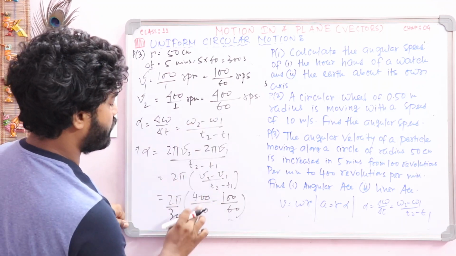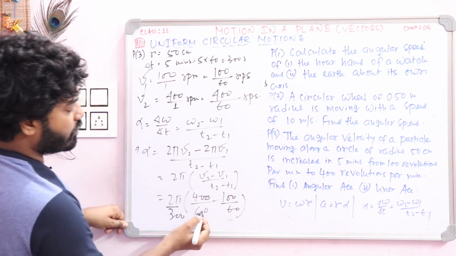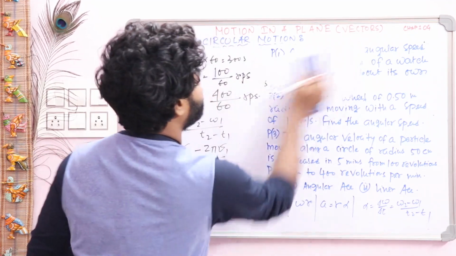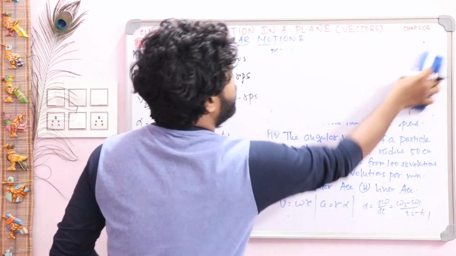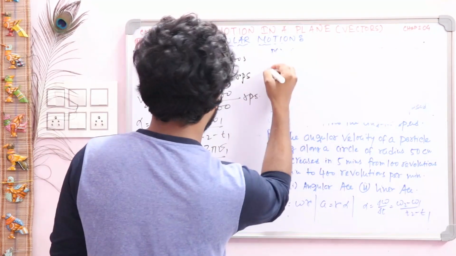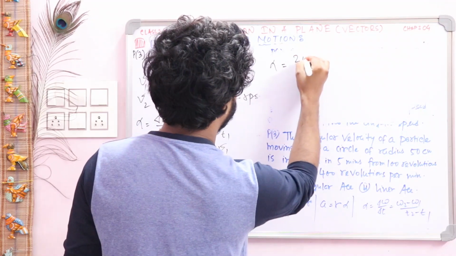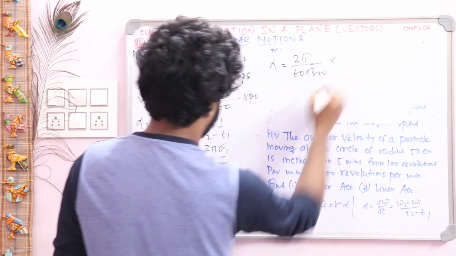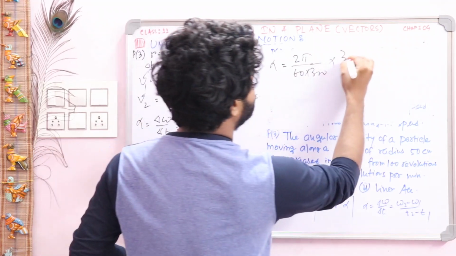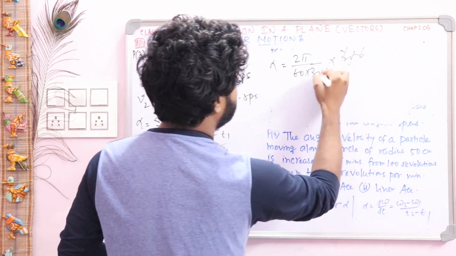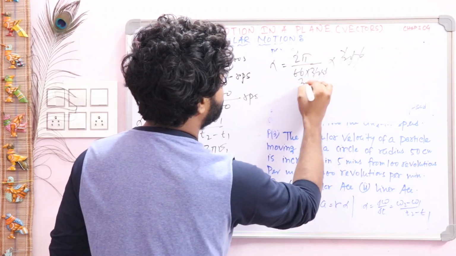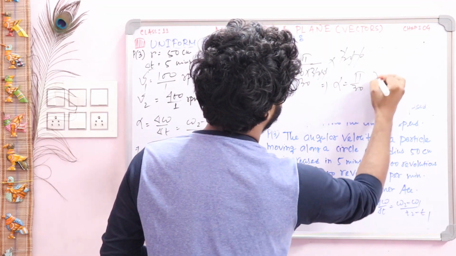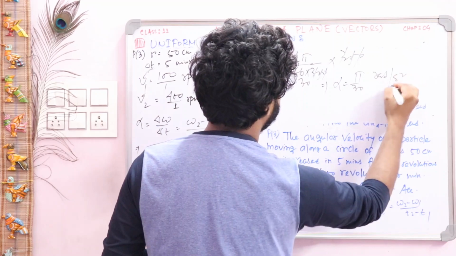Now you can also take 60 common, so alpha is equal to 2 pi divided by 60 into 300, and this one will be 400 minus 100, that is 300. The 300 cancels out, and the 2 cancels out, so alpha is equal to pi by 30 and the unit will be rad per second square.